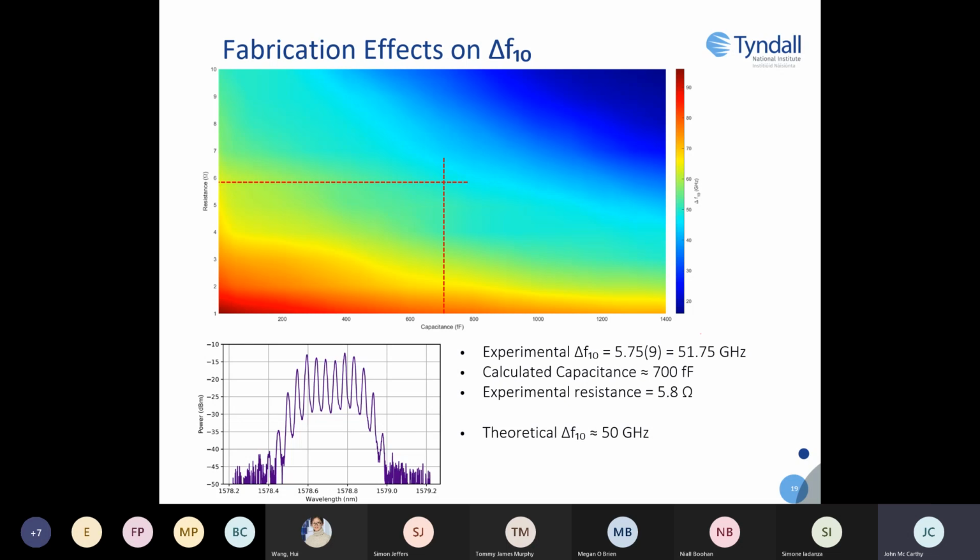Calculating the capacitance by getting the capacitance of the active region and the capacitance between the contact pads, we get a capacitance of about 700 femtofarads, and the experimental resistance attained was 5.8 ohms. So reading this off the plot, we would have expected a theoretical value of delta F10 to be 50 gigahertz, which is in quite good agreement with what we would attain experimentally.